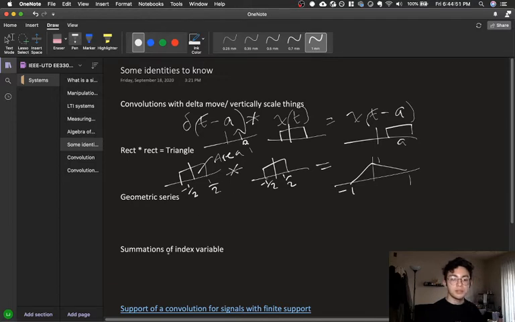Something that's going to be useful for solving problems, especially if you're in Fumigali's class, is the geometric series. He particularly likes these types of problems. So if we have some a r to the n, where r is some number that is less than 1, then it could be a fraction or something.